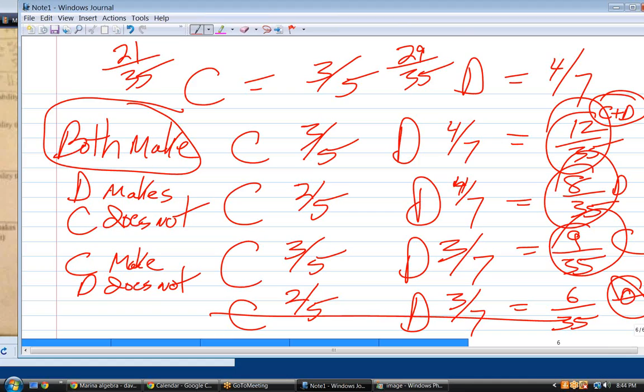See, to me, I would say that one fish makes it at least 29 out of 35 times, right? And that fish C makes it 21 out of 35 times.